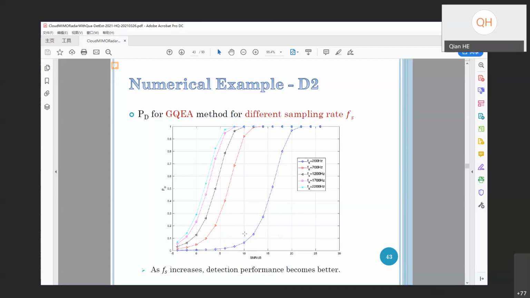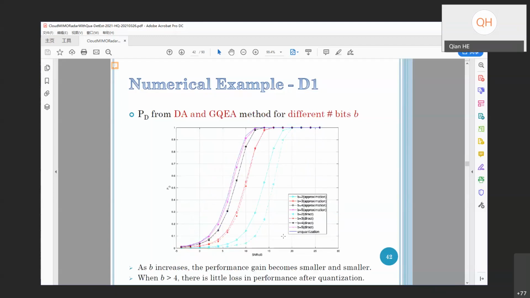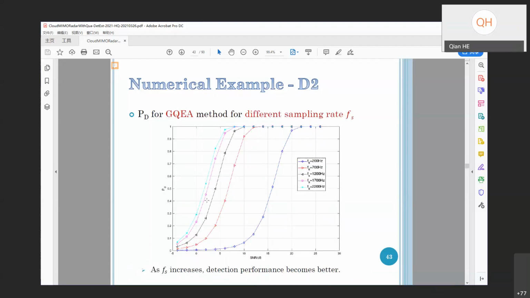Gets better and better. So from these two examples, you can increase the performance either by increasing the number of bits or by increasing the sampling rate, right? But there is another interesting observation. If I go from 200 to 700, the increase is huge, right?